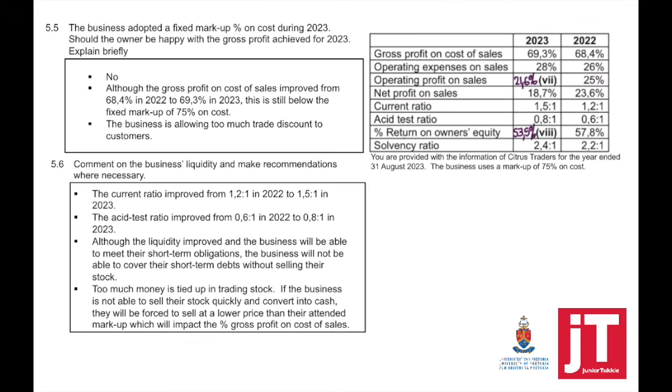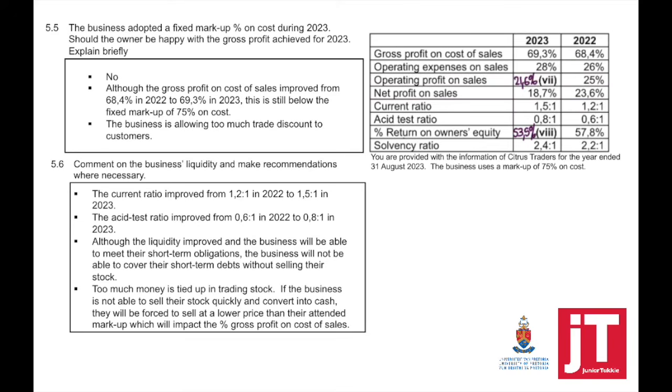Because now, if you look at the acid test ratio, it is less than the current liabilities. It's 0.8 to 1. So there's an improvement, but we still will find it difficult to meet our short-term obligations if we are not able to sell our stock quick enough to convert it quickly into cash.